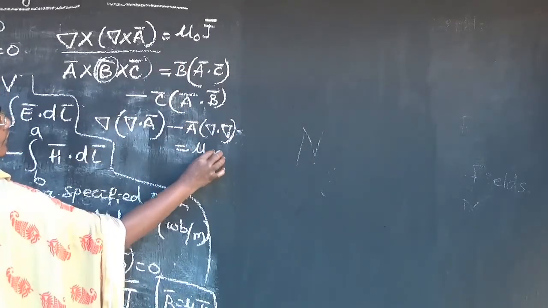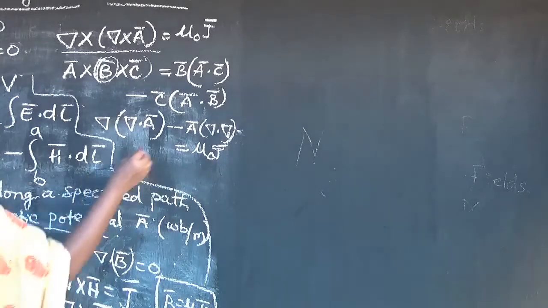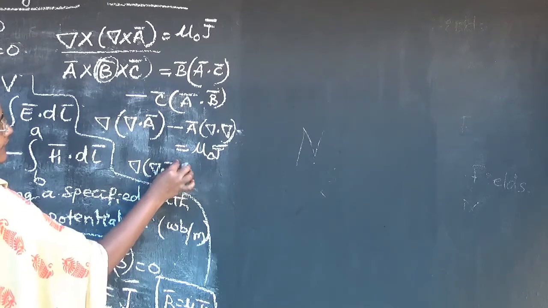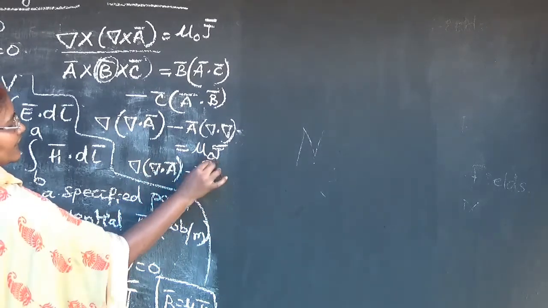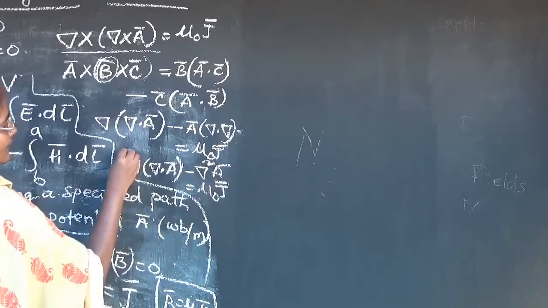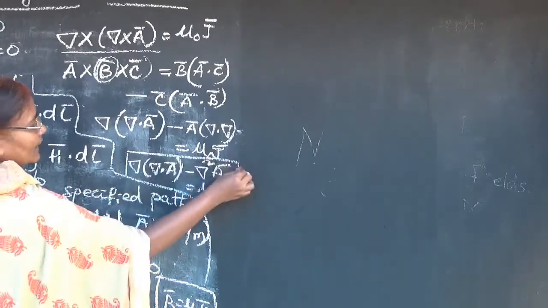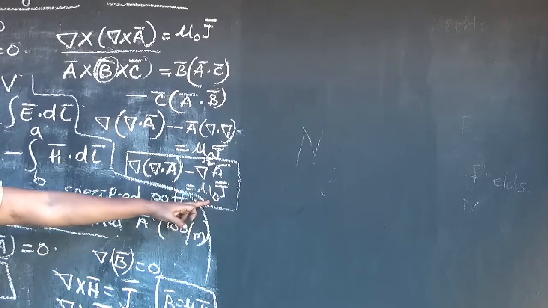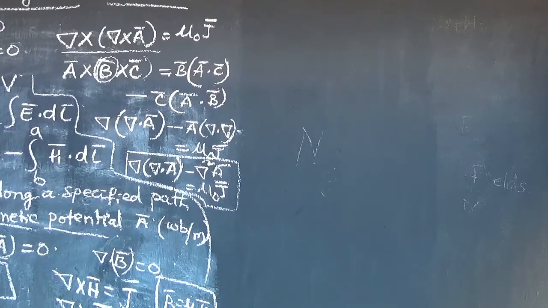So it can be written as del of del dot A bar minus del square A bar is equal to mu naught J bar, which is the formula. By knowing the vector magnetic potential, we can find the current density of a magnetic field. So this is nothing but the explanation about the vector magnetic potential.